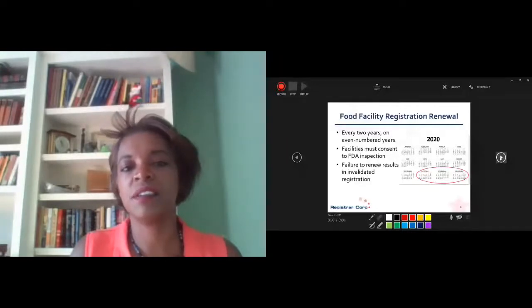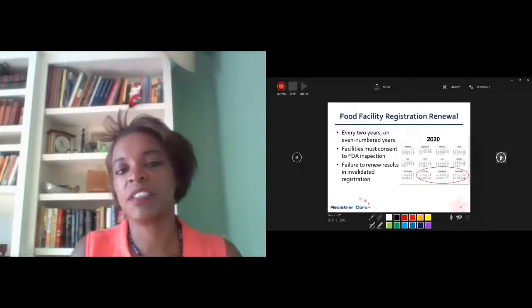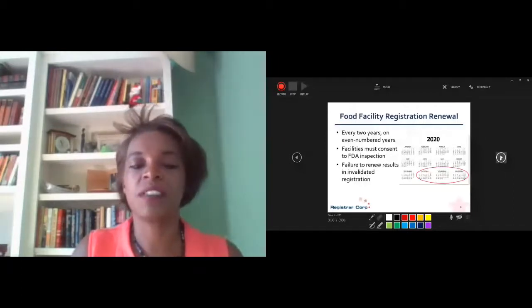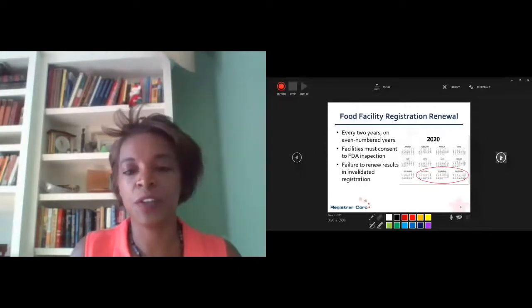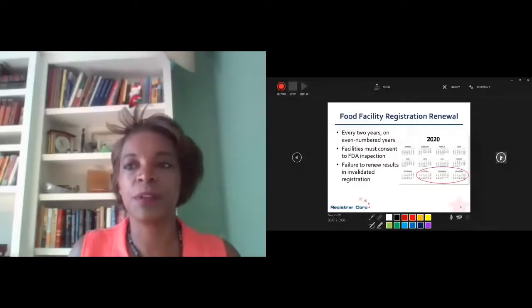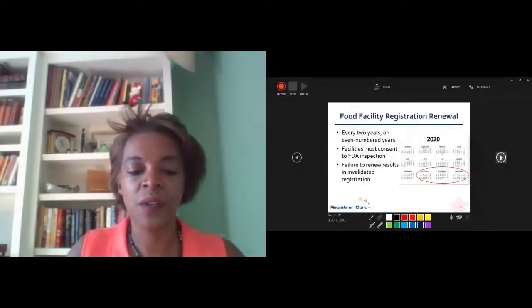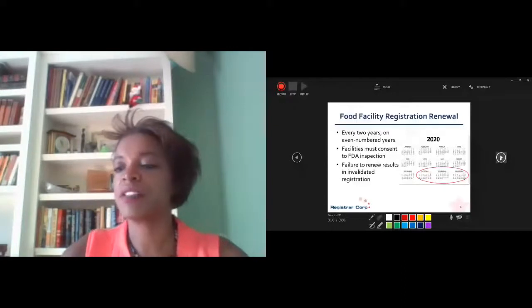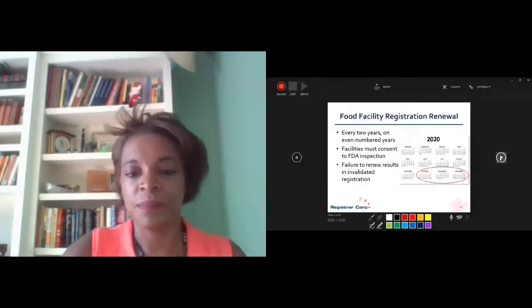So they instituted this regulation a few years ago that says you must renew every 2 years, on an even numbered year. So we always tell people, please remember, it's something so easy to forget, especially if somebody in your company is managing that and they leave the company, someone forgets in the even number year. As you know, we're in 2020 right now. So if you have an FDA registration, please renew it.